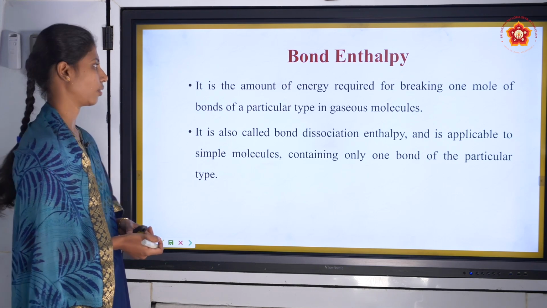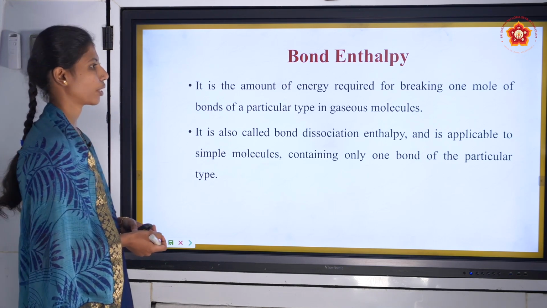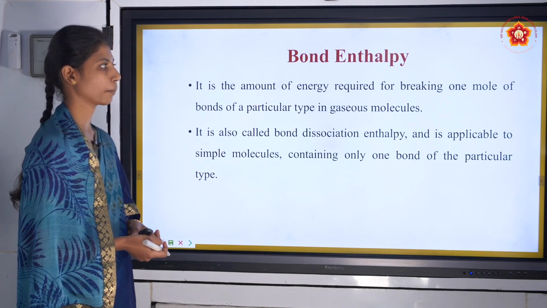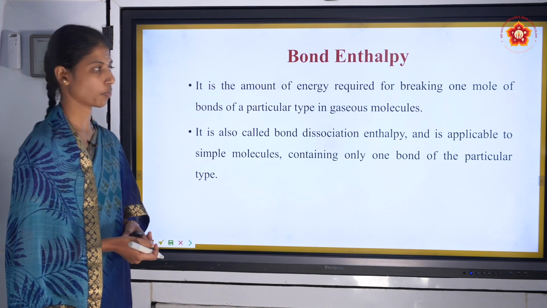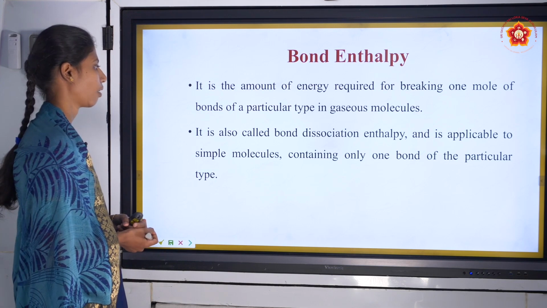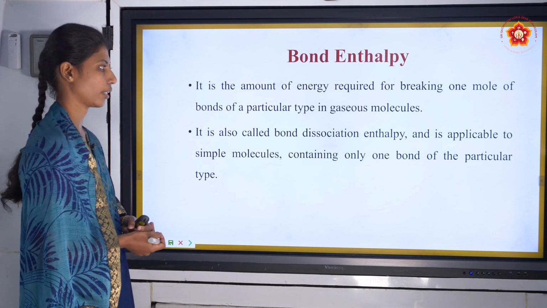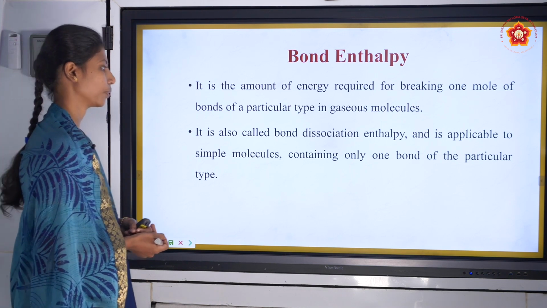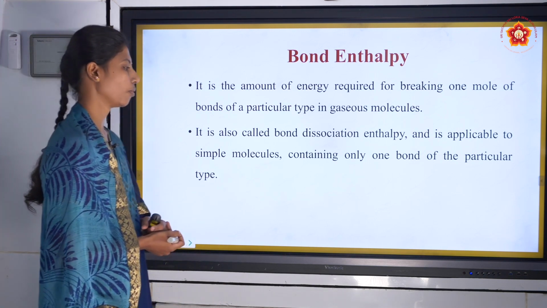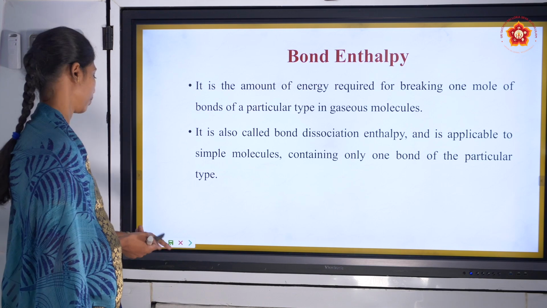Next, bond enthalpy. It is the amount of energy required for breaking 1 mole of bonds of a particular type in gaseous molecules. It is also called bond dissociation enthalpy, and it is applicable to simple molecules containing only 1 bond of a particular type.